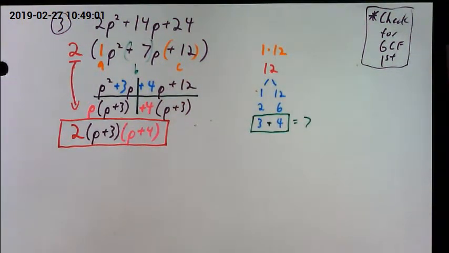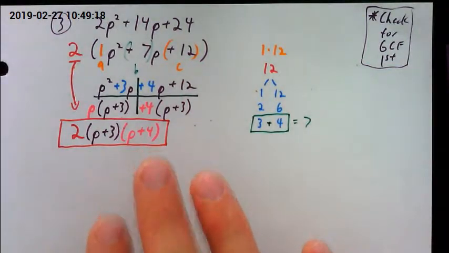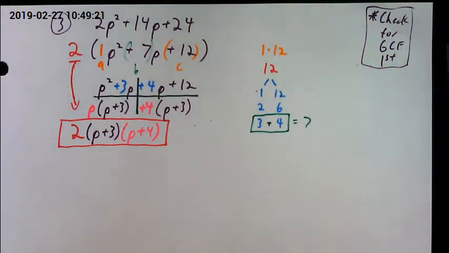Now, there is a little bit of a shortcut that I want to point out to you guys. I haven't pointed it out yet. It comes in anytime we have a lead coefficient of 1. And it doesn't matter if you look at it when our original was 1 or when you have a problem like this after you take out a GCF.